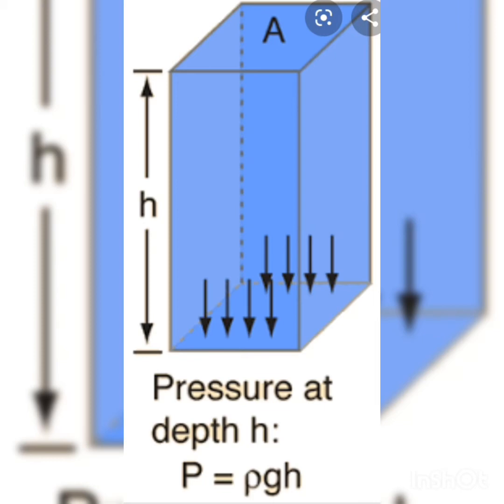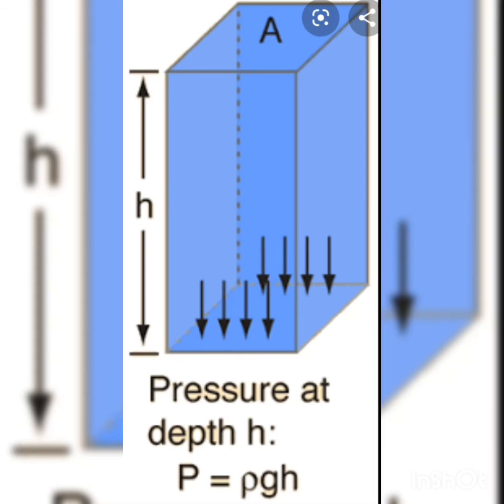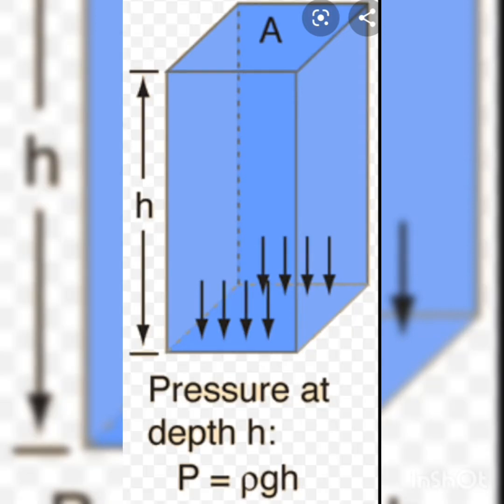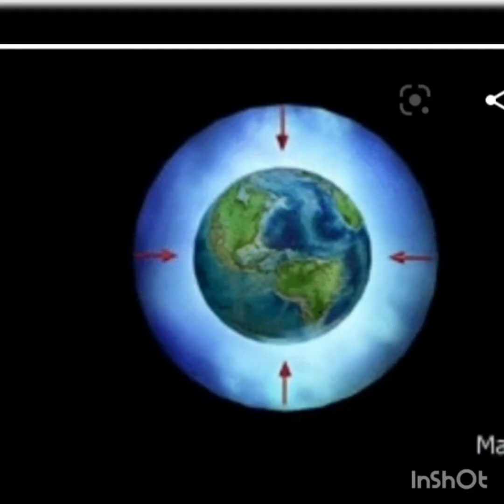And point 3: more the acceleration due to gravity, pressure will be even more. So pressure of a liquid depends basically on three factors: depth h, density of the liquid ρ, and acceleration due to gravity, which is represented as g.